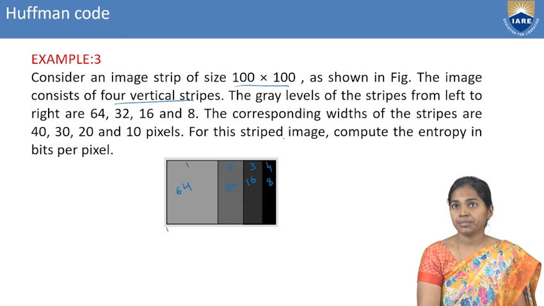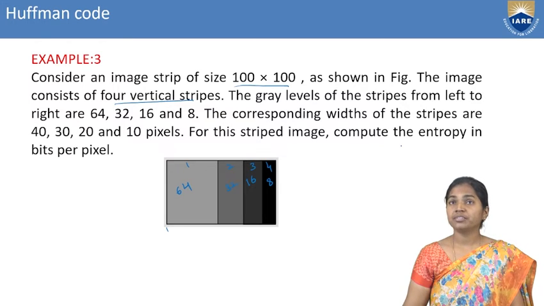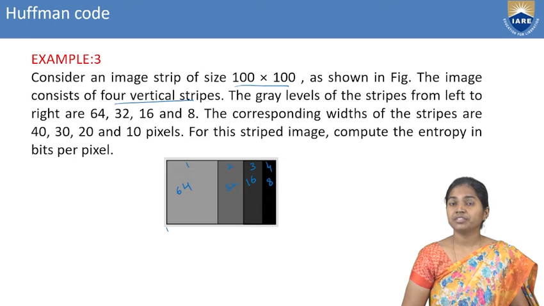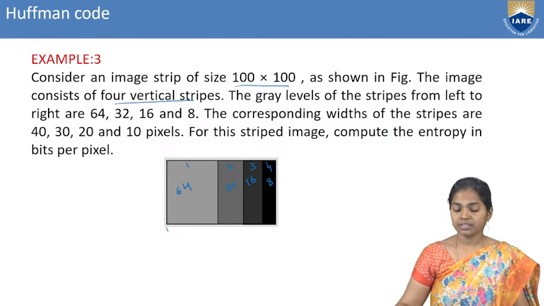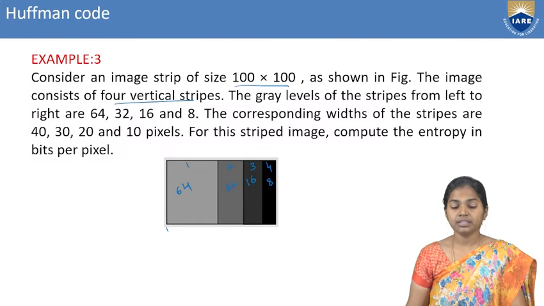So for this strip image, compute the entropy in bits per pixel. Here 64, 32, 16, 8 are the gray levels. With the gray level 64, we are using 40 pixels. With the gray level 32, 30 pixels.